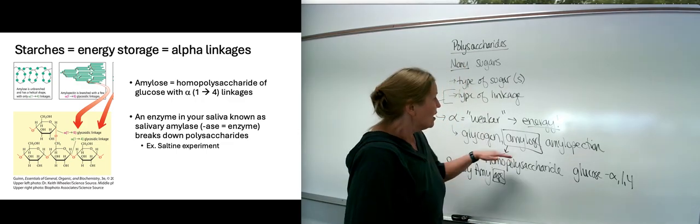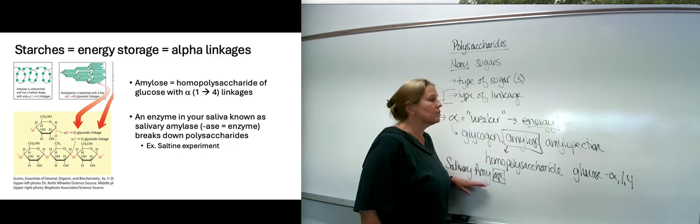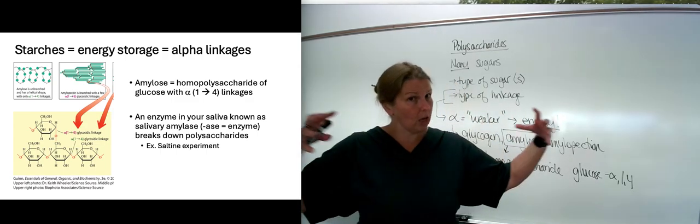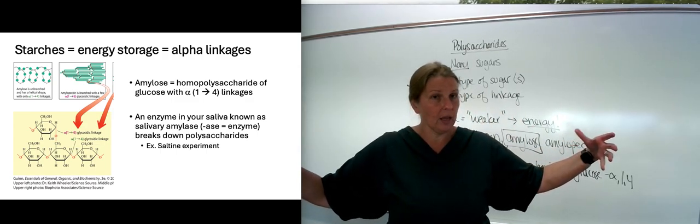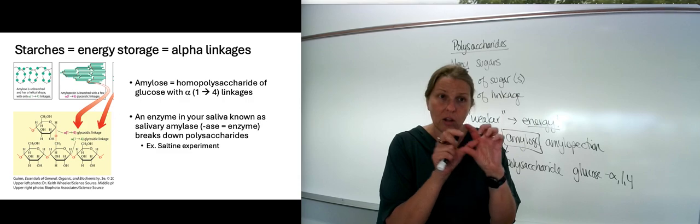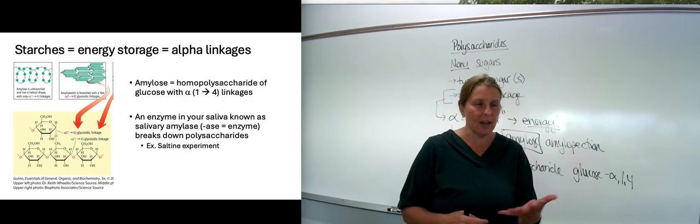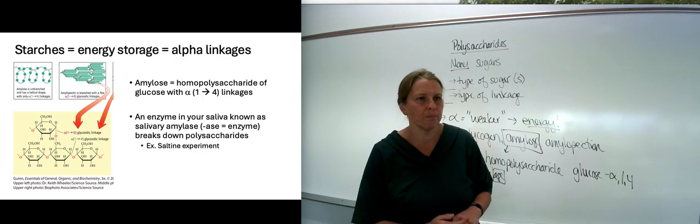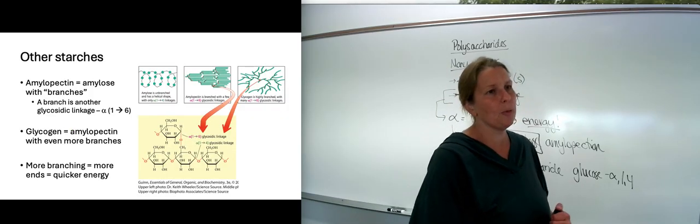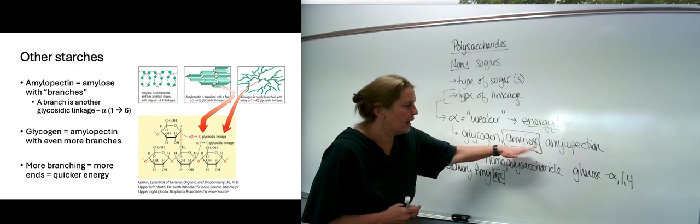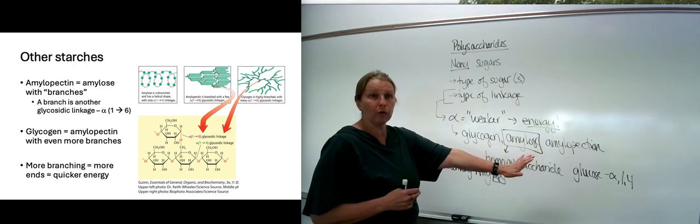That's because the salivary amylase starts breaking down the starch, the very long polysaccharide, into single or disaccharides of sugars, which are sweet tasting to us. You can try that saltine experiment if you would like. So that's amylose. It's just glucose alpha 1,4 over and over again.